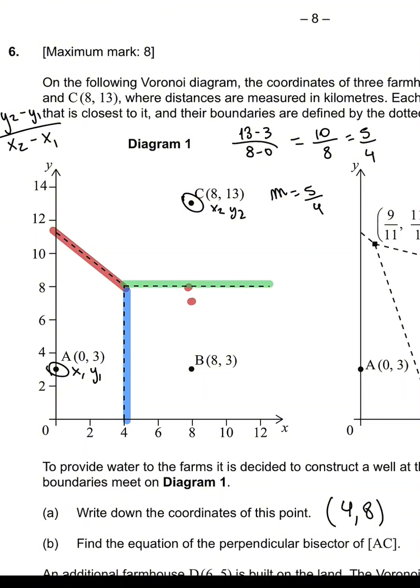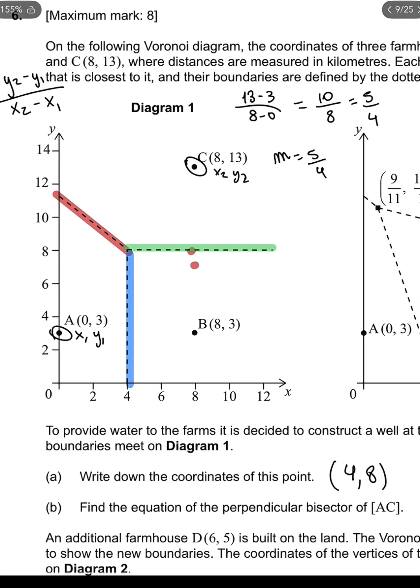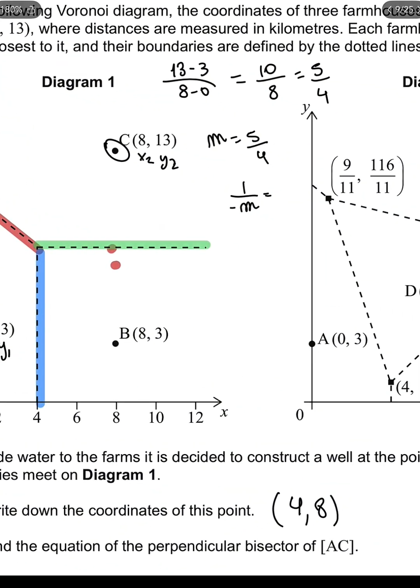However, when I'm talking about the perpendicular bisector, my gradient is useful when I find the negative reciprocal. What is the negative reciprocal? The reciprocal is 1 over m, and the negative reciprocal is 1 over negative m. So I need to find this for my equation of the line.